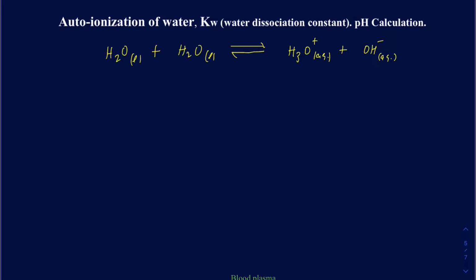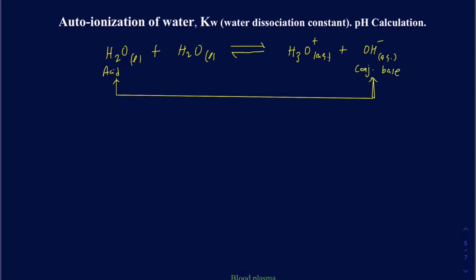So if I want to take an example here, it doesn't matter which one you pick, I'll pick this left water molecule and pair it up with this OH- here. So you can clearly see how this is losing the proton. If it's losing the proton, it's acting as an acid. It's a proton donor. And on the other hand, OH- is going to be called a conjugate base there.